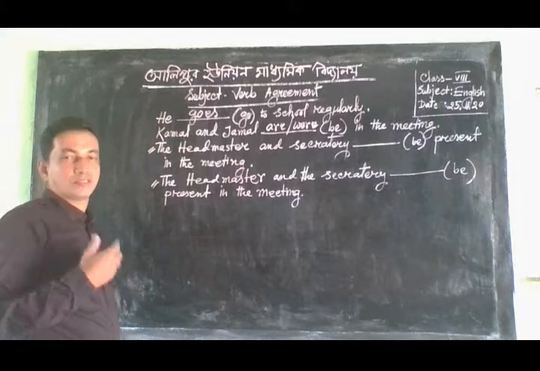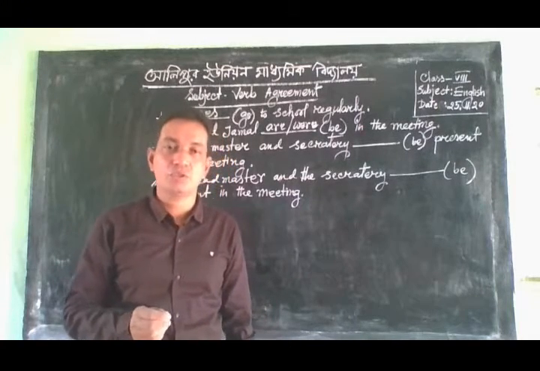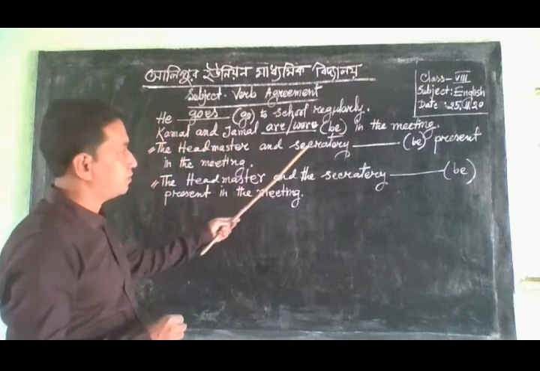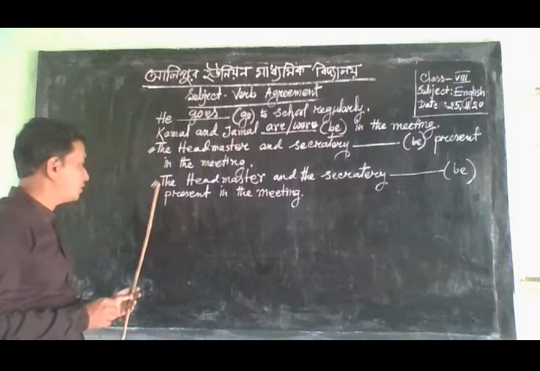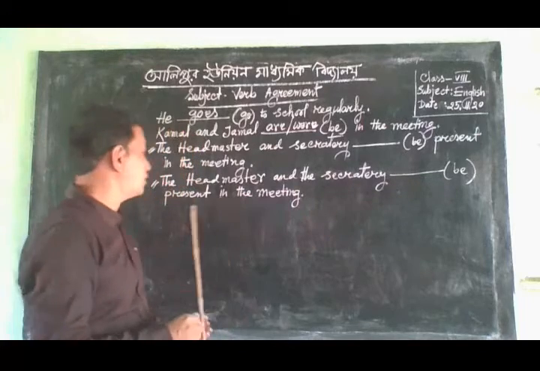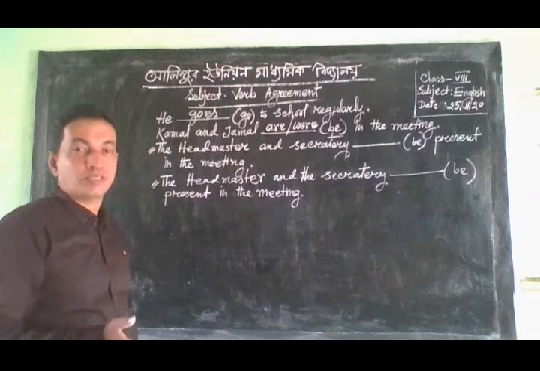These two sentences seem to be the same, but there is some difference between these two sentences. The first sentence, the headmaster and secretary be present in the meeting. And the second sentence, the headmaster and the secretary be present in the meeting. Can you identify the difference between the two sentences?